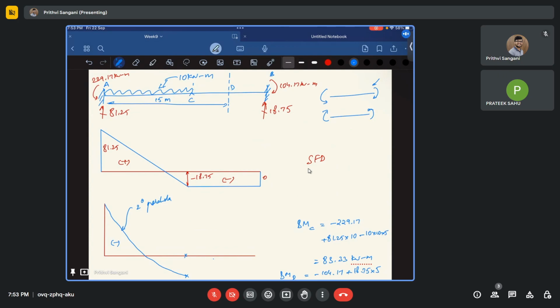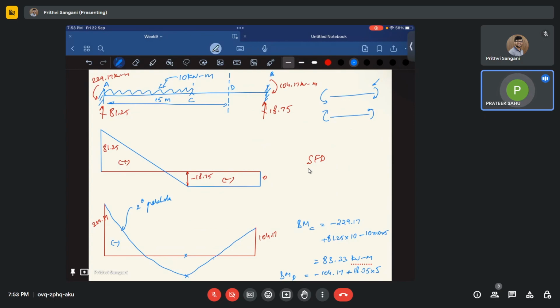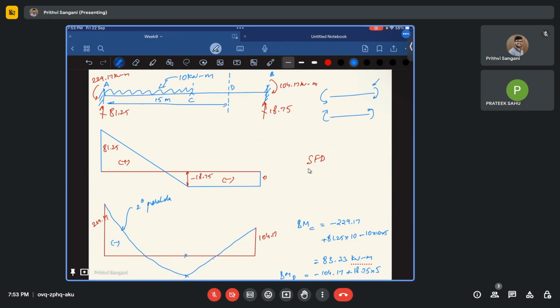So this is 229.17, and this is going to be 104.17, which is again minus, and this is going to be a straight line. Sir, I'm just confused that positive is negative now. Okay, now you are able to see it. So this is negative and this is positive.